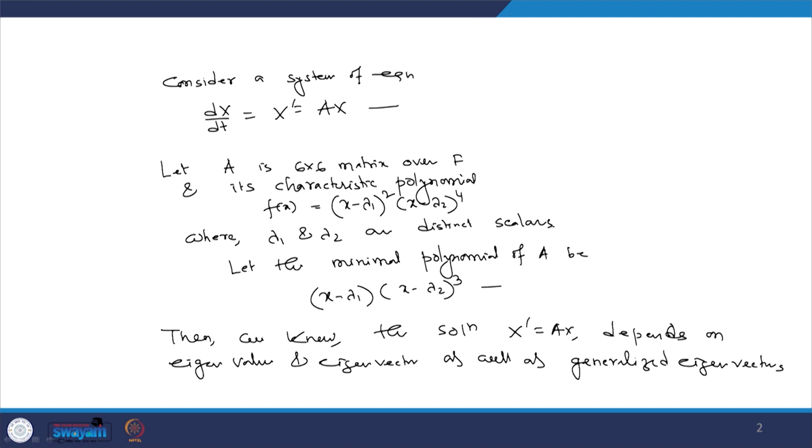These 2 more linearly independent vectors will be obtained from a vector in the null space of (A minus lambda 2 I) power 3. There will be a vector in that null space of rank 3, which will give me 3 linearly independent vectors.